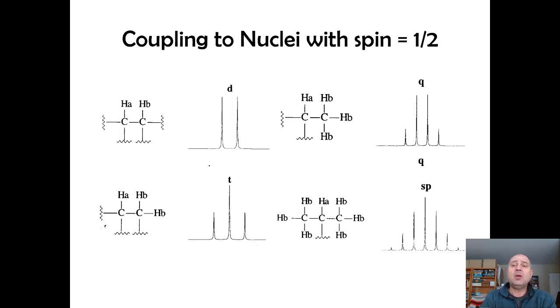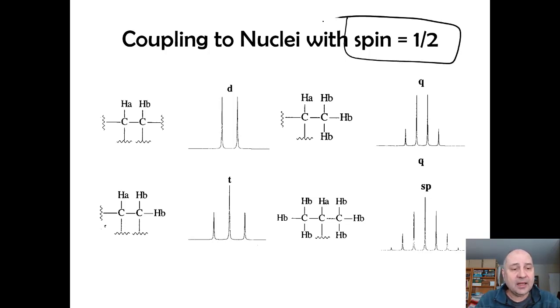Let's make them simple. I am going to look at spin 1/2. And so if we have a chemical environment, like I said, HA, it's split by a different hydrogen, and you see a doublet. And it's also important to note that the height of this doublet, that these are equal, all right?